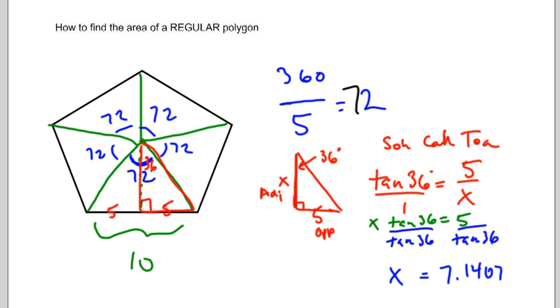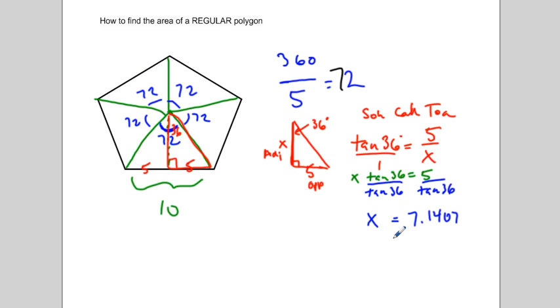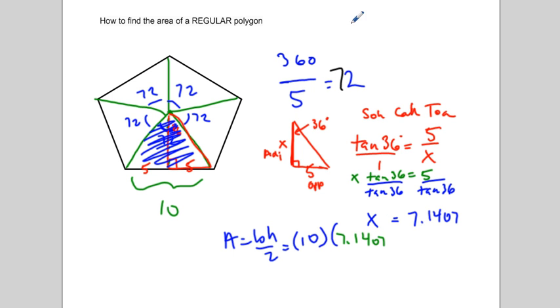Now, the area of a triangle is base times height divided by 2. So the base, let's go with this whole triangle, this whole thing right here. The base is 10. Times the height that I just discovered, 7.1407. I'm going to divide that by 2.